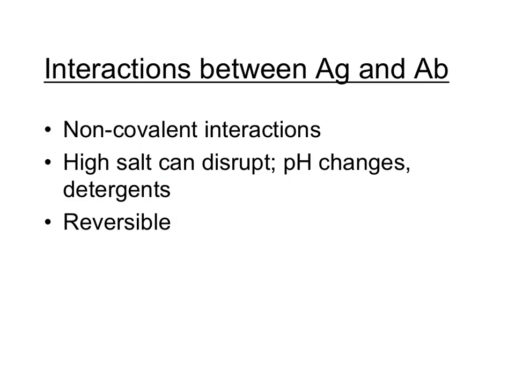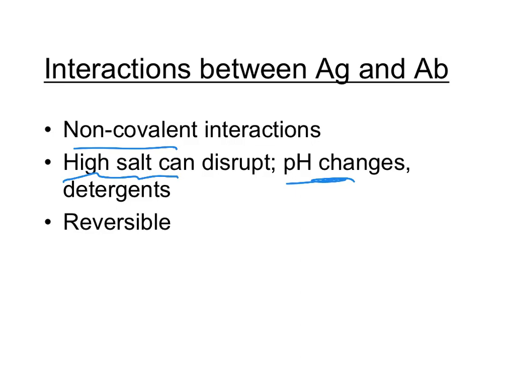Well, how do antigens and antibodies interact? It's all non-covalent, all right? It's nothing more than the normal non-covalent bonds that you know. There's hydrogen bonding, there's hydrophobic force, there's ionic bonding, and van der Waals. A lot of these are based on ionic bonds, and so we know that high salt and differences in pH can change them.